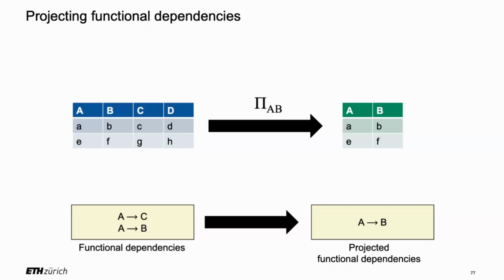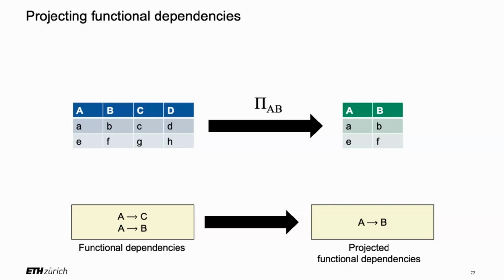Pi is the projection from the relational algebra, and so I'm projecting just to attributes A and B. And you agree, I get what you have on the right, right? It's A, B, E, F. That's just less columns, okay? Would you agree that what happens to the functional dependencies is that A gives B is preserved, but A gives C goes away? Who agrees with that?